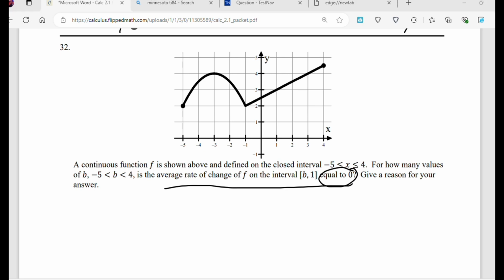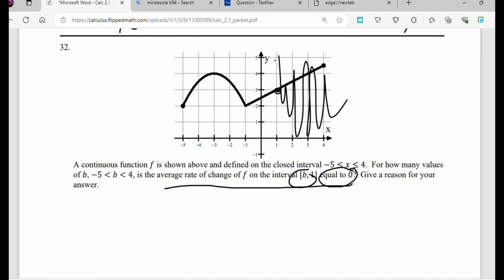All right, so we're given this range b to 1. So we can cut off anything that happens here. This is our endpoint from b to 1.